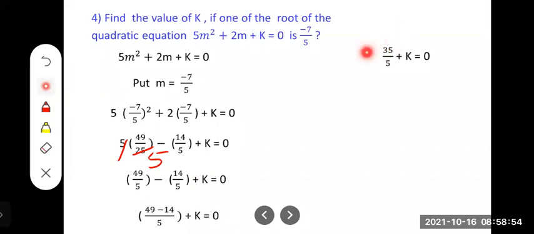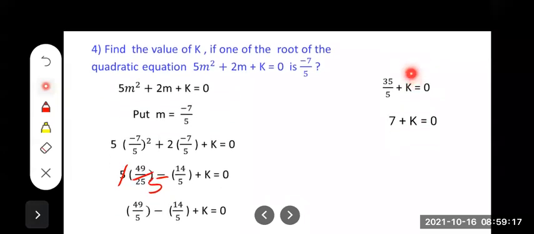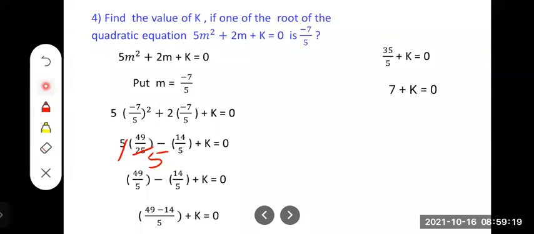Okay, 35 upon 5 plus k equal to 0. Now this 5 and 35, you do the cancellation. How many times does it go? Yes, 7 times. Then 7 plus k equal to 0.